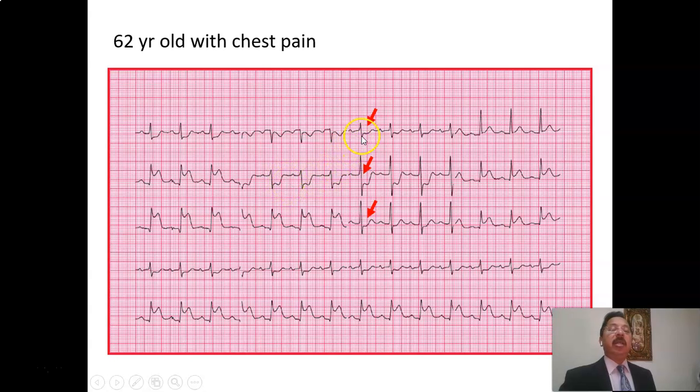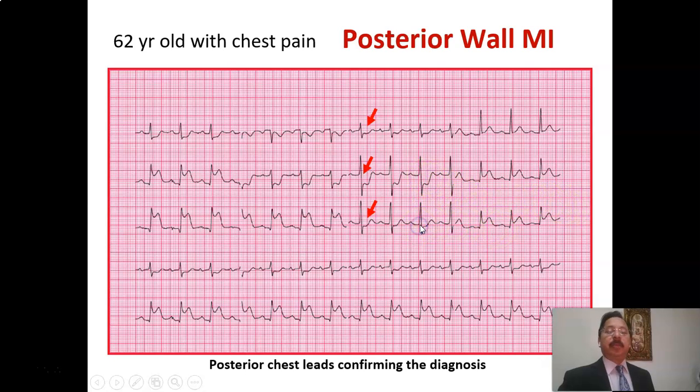But additionally, on top of this, you will see the R wave in V1 with ST segment depression. So this R wave and ST segment depression is suspicious. So this is your posterior wall myocardial infarction in addition to the inferior and high lateral myocardial infarction. If you want to confirm this, you have to record the posterior chest leads.